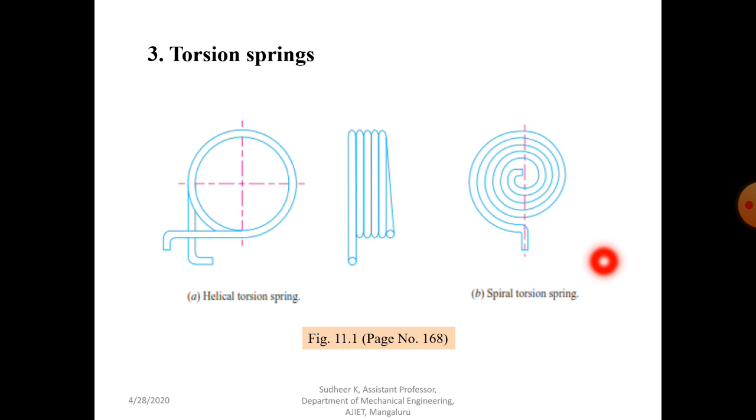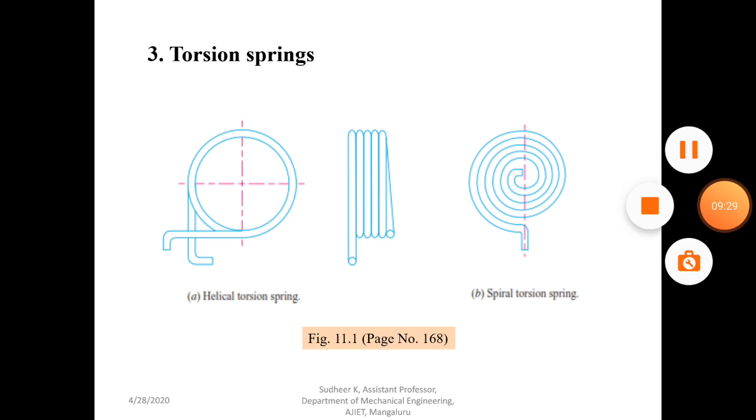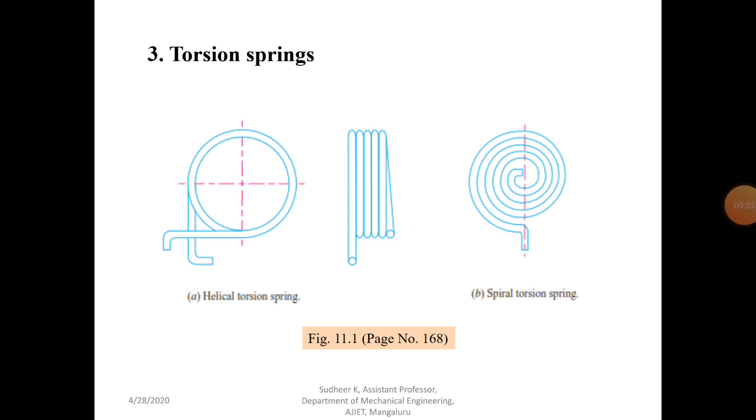This may be used only in applications where the load tends to wind up the spring, and it is used in various electrical instruments. These types of springs are used in door hinges, brush holders, automobile starters, and door locks, because a helical torsion spring resists the bending moment, which tends to wind up the spring.